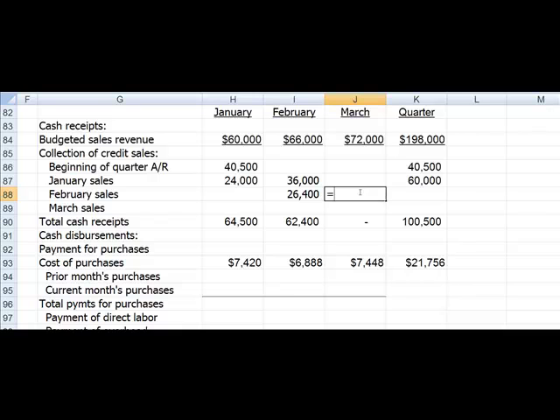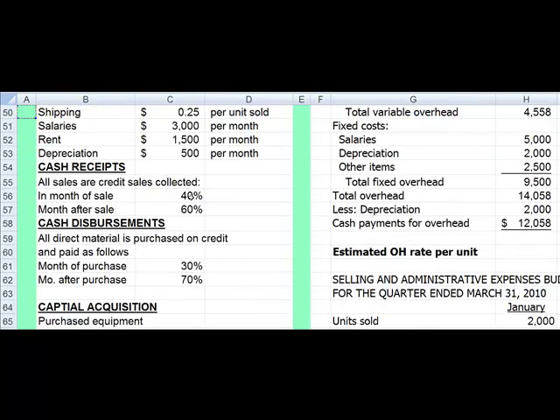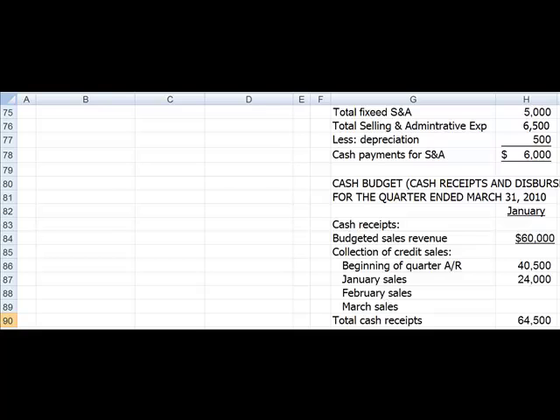So we could do 60%, or we can take February sales minus what we collected in February, and the remainder will be collected in March. Now in March, we're only going to collect 40% of the sales for March. So I'm going to go back over to my assumptions and up to my 40% and hit enter.